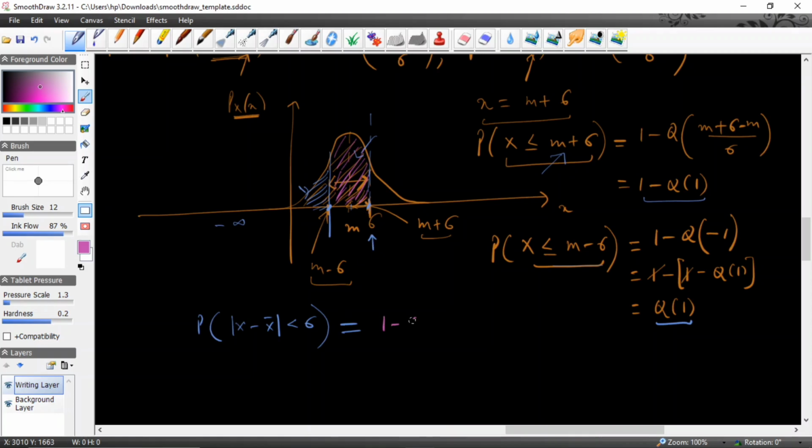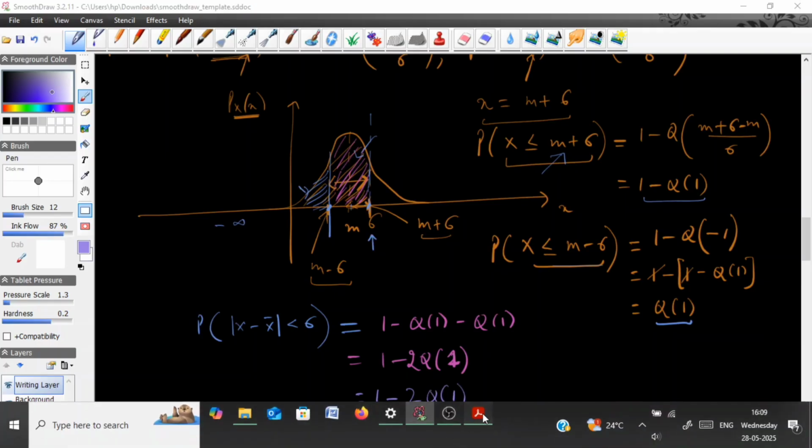So that is 1 minus Q of 1 minus Q of 1, which becomes 1 minus 2 times Q of 1.